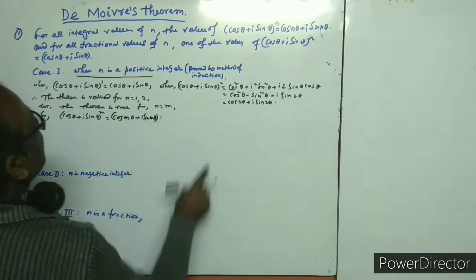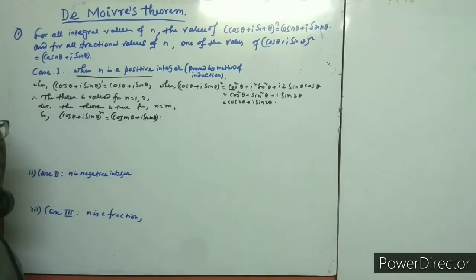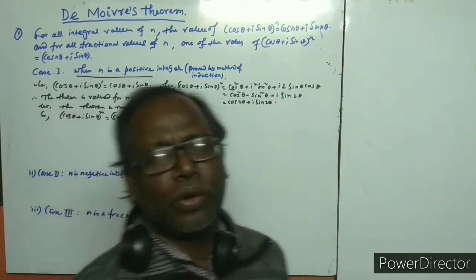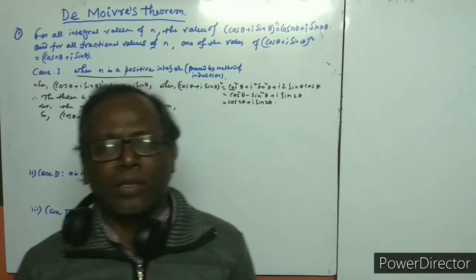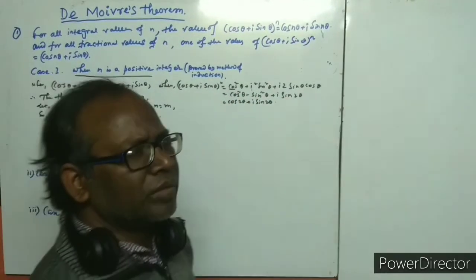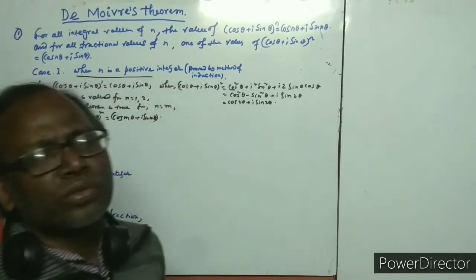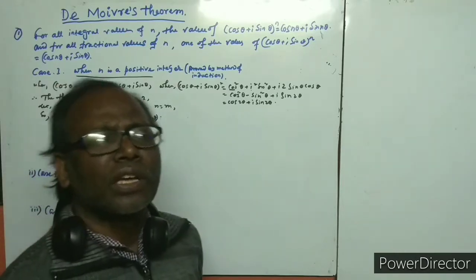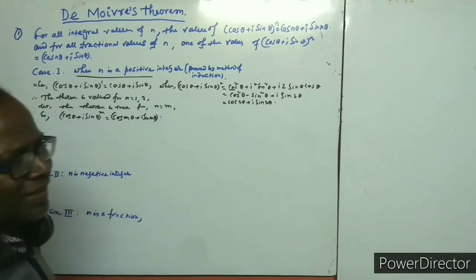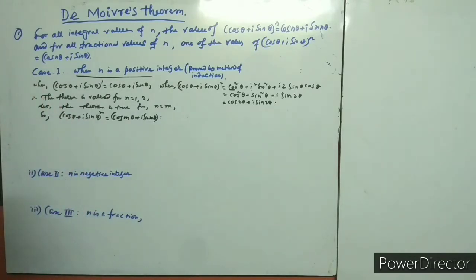Now for the method of induction for positive integers, we always have to show that it is valid for 1 or maybe 2, and then we assume the theorem is true for m. After that we have to show the theorem is true for m plus 1, okay. So first of all let us assume it for m, and this is the procedure for induction.